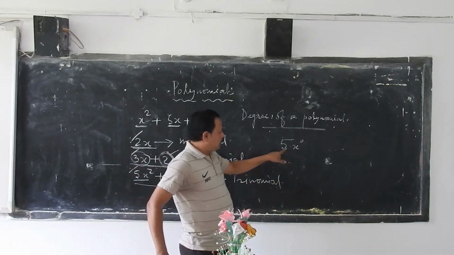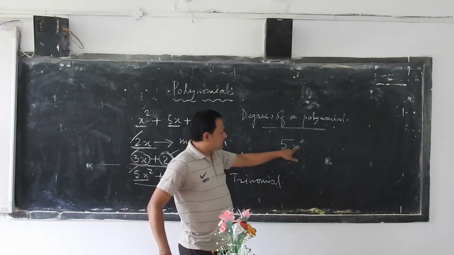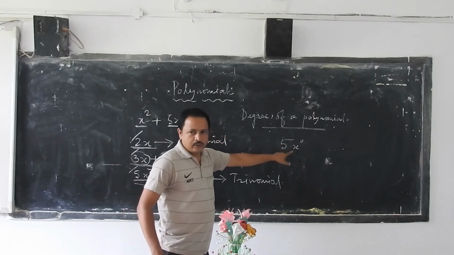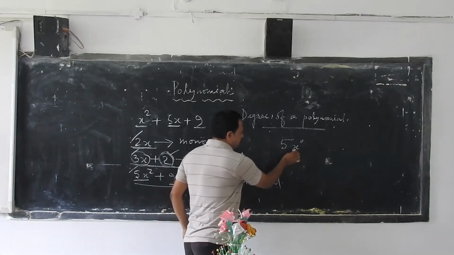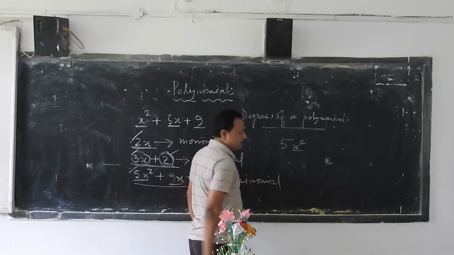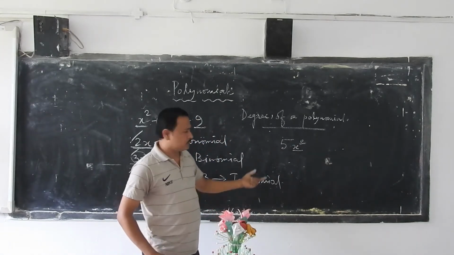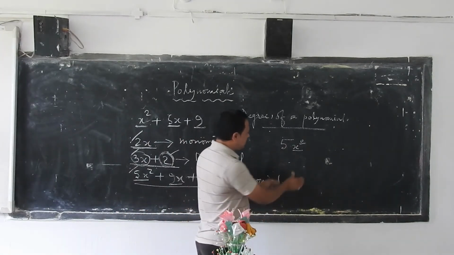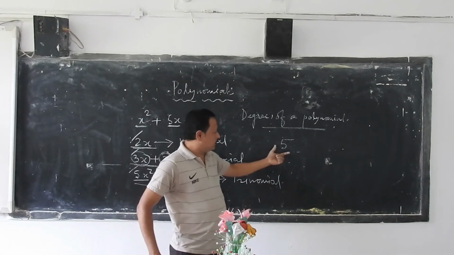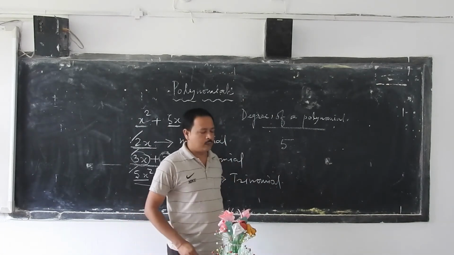So with 5 we can write x to the power 0, because 5 into 1 is 5. That means here the power of the variable is 0 only. So the degree of a constant term is 0. Any constant term has degree 0.